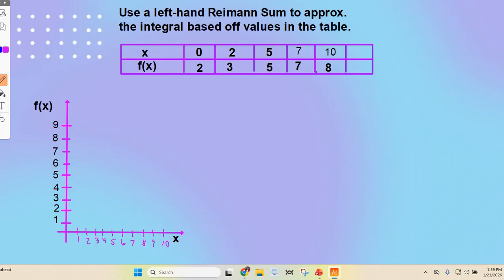No. Okay. So how many intervals am I able to do again? 4. Okay. So I have A equals the sum from i equals 1 to 4. This time I'm looking at an f of x, so I'm going to have f of x sub 1. Now what are my widths this time?